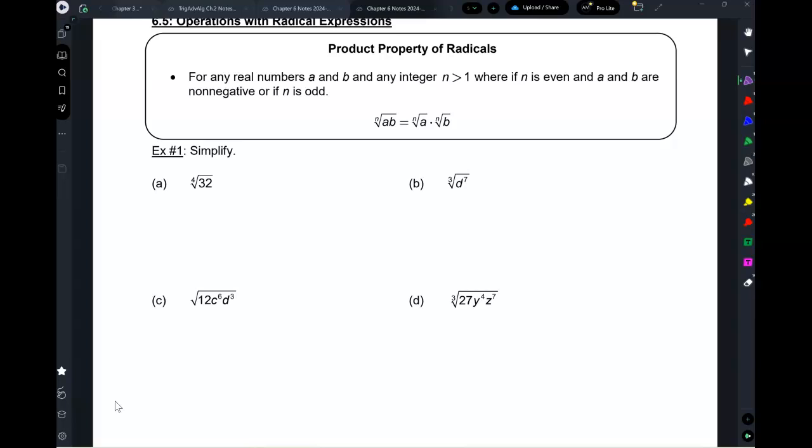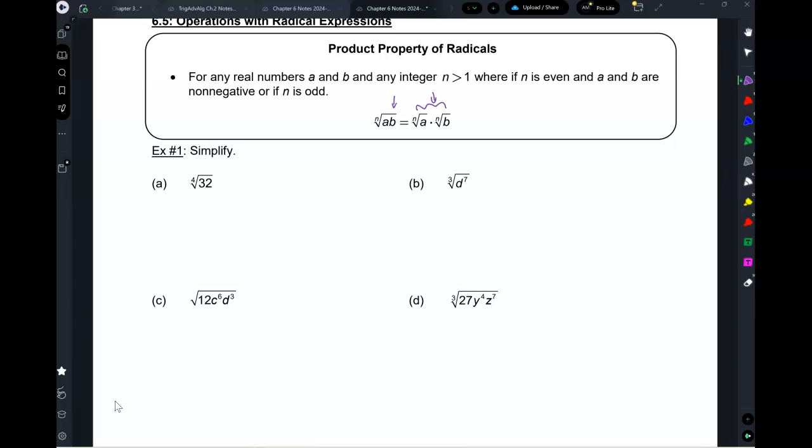So these two are equivalent. If you have more than one thing under a root, you can split it up and give each its own root. Or you can go the other way: if you have the same root but separate, you can combine them under one.